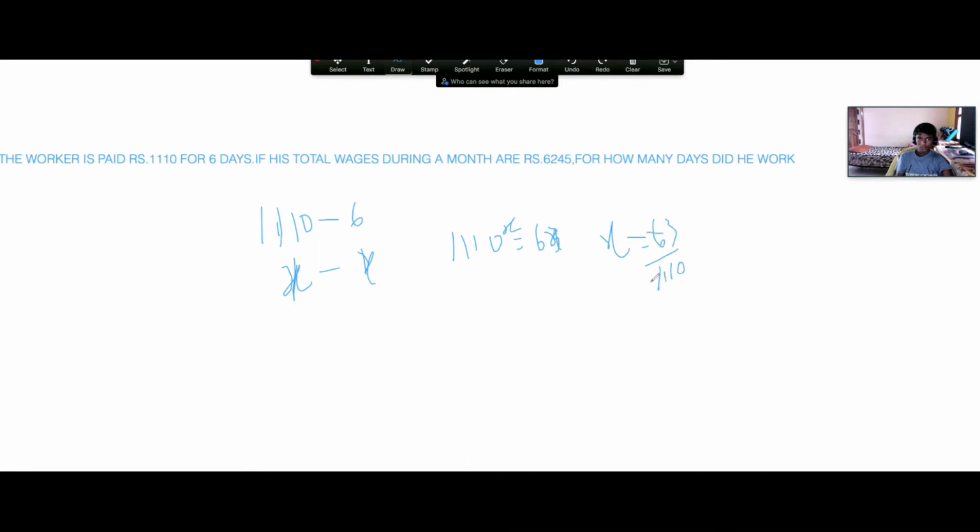2 3s are, 2 5s are, so then it will be there 1. 2 5s are 5. So 3 5 5, 3 divided by 5 5 5 into 6245.